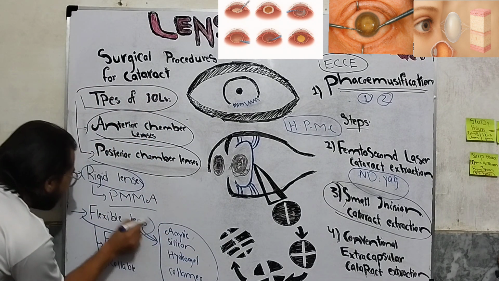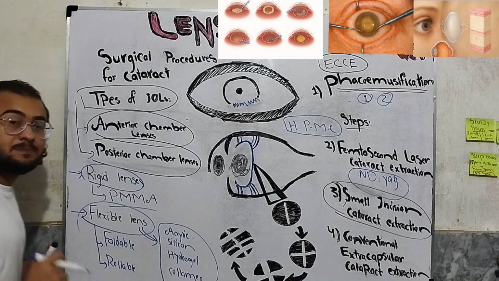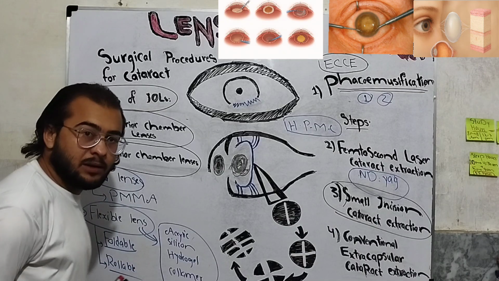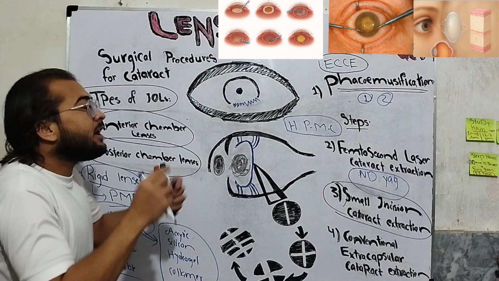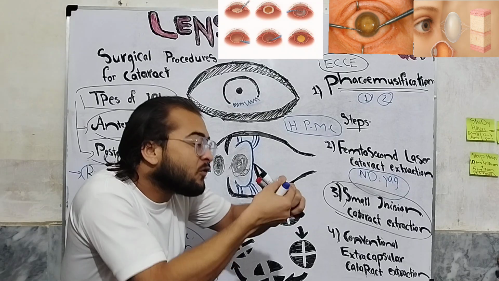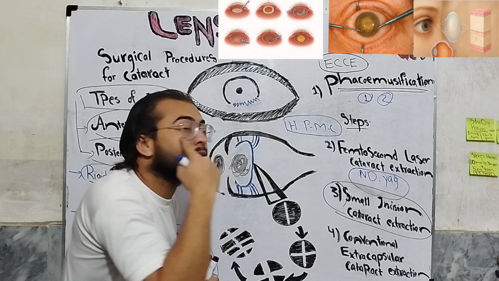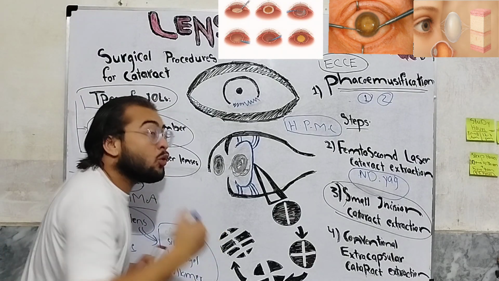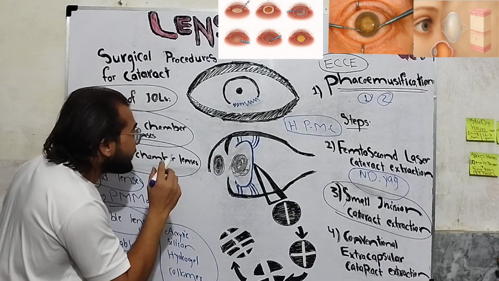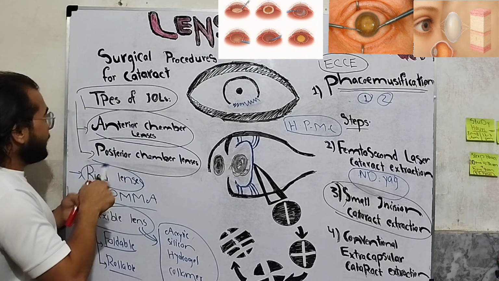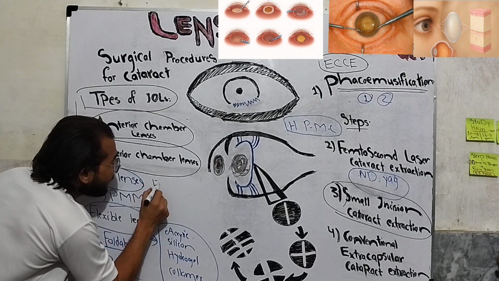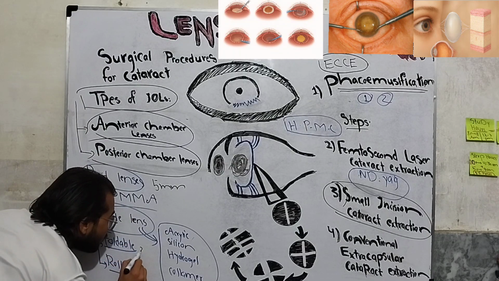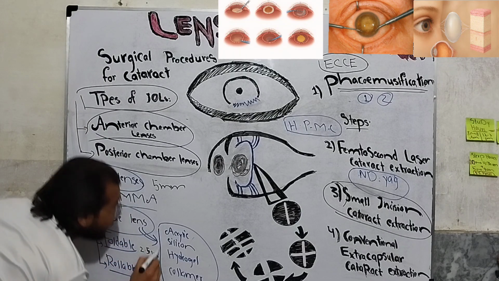And we have the flexible lenses, which are commonly used. The flexible lenses can in turn be foldable and rollable. Foldable lens means that we fold the lens and inject it through the cornea into the posterior chamber or anterior chamber through a delivery system. The rigid lens requires up to about a 5 millimeter incision, and this foldable lens requires up to about a 2.5 millimeter incision in the cornea.